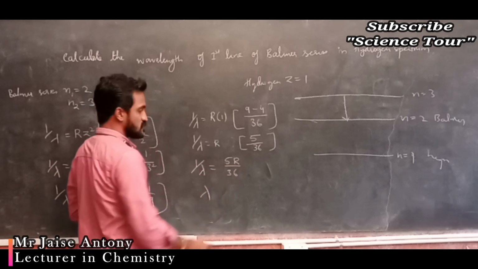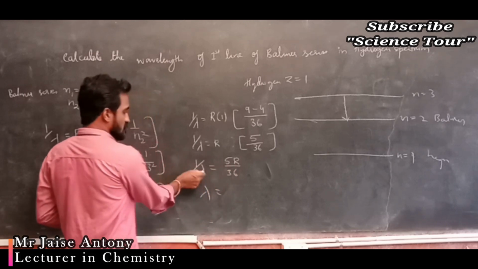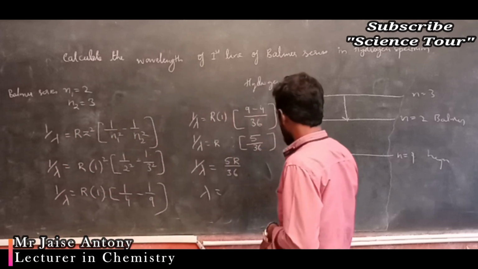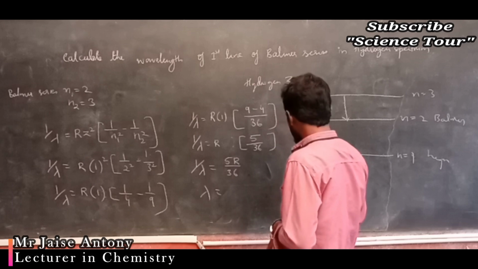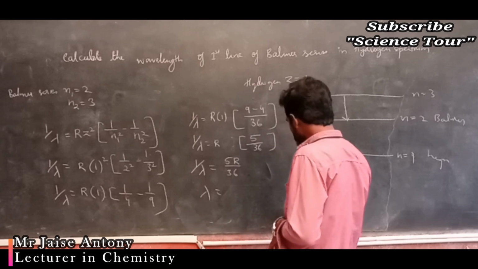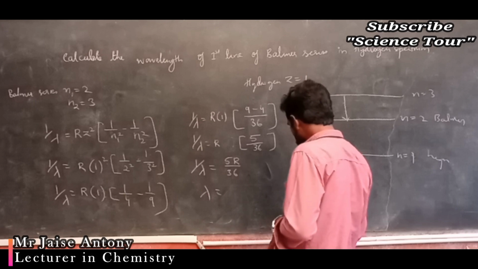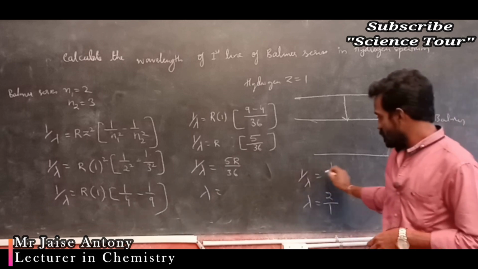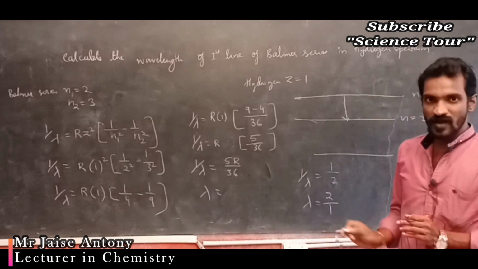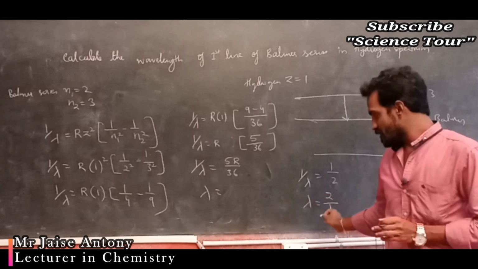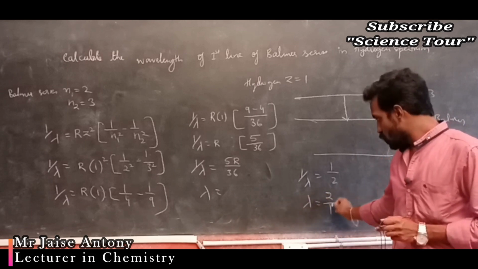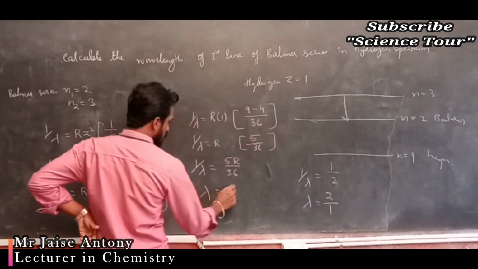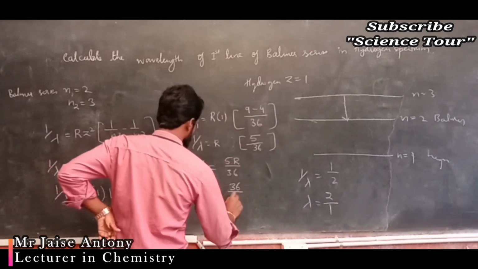For example, if 1 by lambda is half, then when you write lambda you have to take the reciprocal and write 2 by 1. Here, while writing lambda, you have to write 36 by 5R.